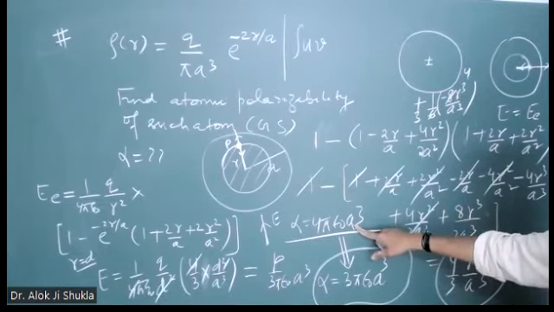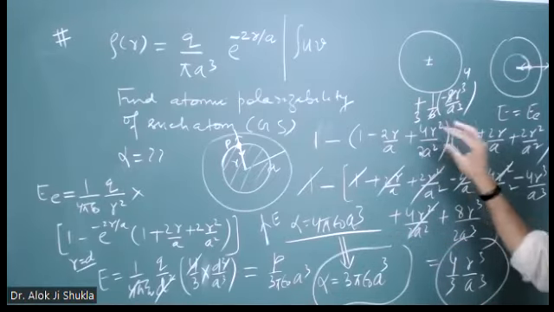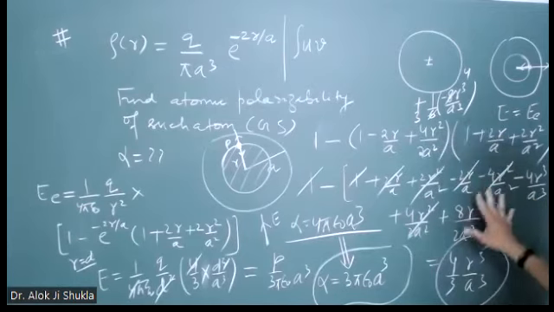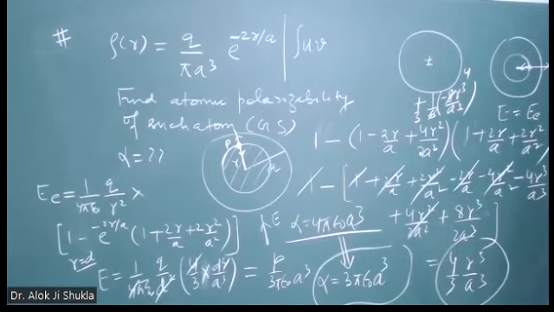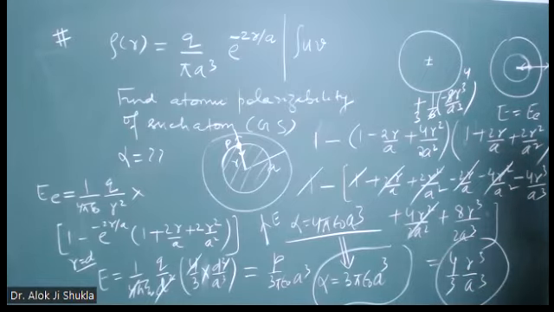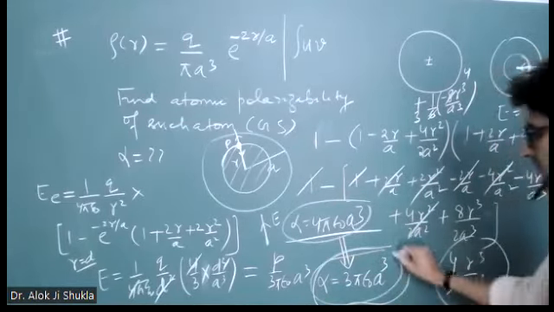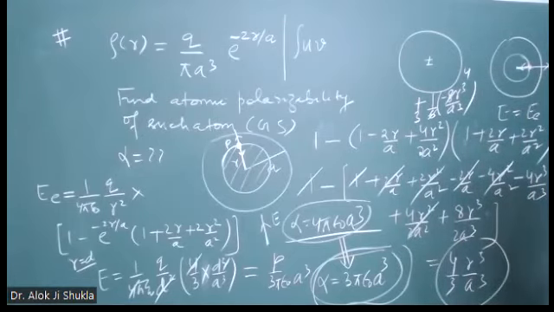And with quantum mechanics and ground state, using the approximation because we are not considering r to the power 4 term, we are getting 3 pi epsilon naught a cube. So this is kind of classical and this is kind of quantum.